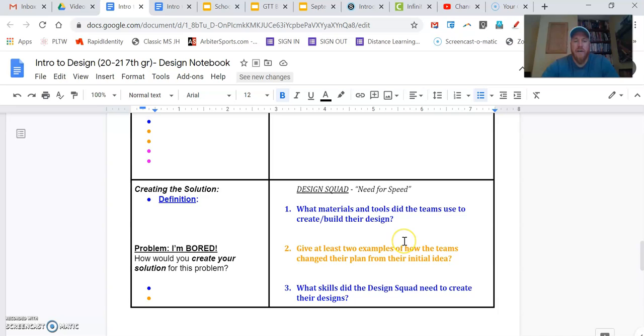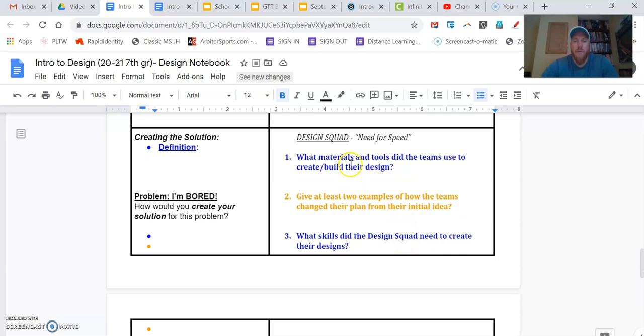Scrolling down, creating the solution. Number 1, what materials and tools did the teams use to create or build their design? Number 2, give at least 2 examples of how the teams changed their plan from their initial idea. And number 3, what skills did they use or need to create their designs? Skills could be things like working with other people, or being able to type on a computer. That's a skill.